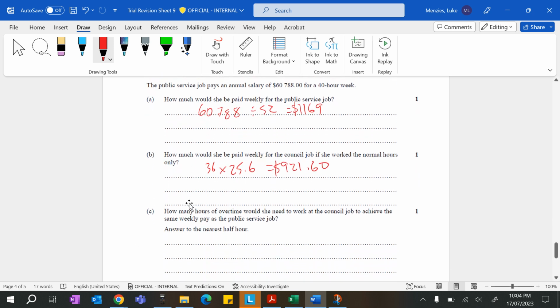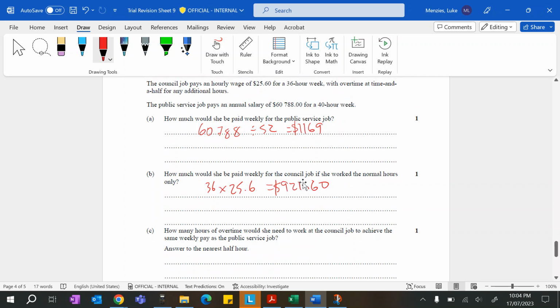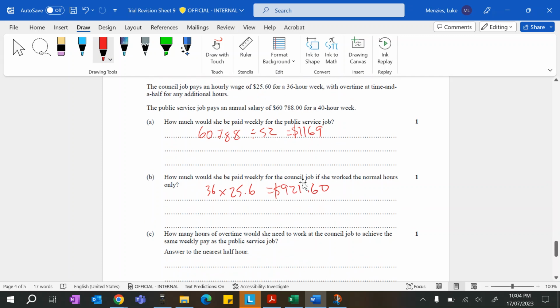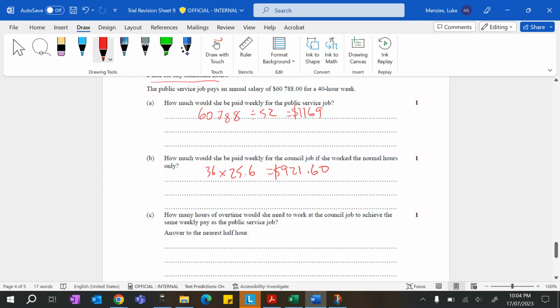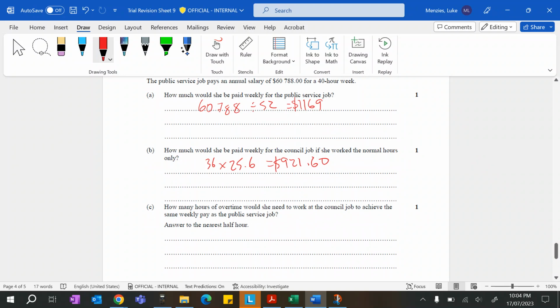Okay. How many hours of overtime would she need to work at the council job to achieve the same as the public service job? Okay, so the key here is overtime worked at time and a half for any additional hours. So the first thing we're going to need to know is how much money is the difference. So 1169 minus 921.60.